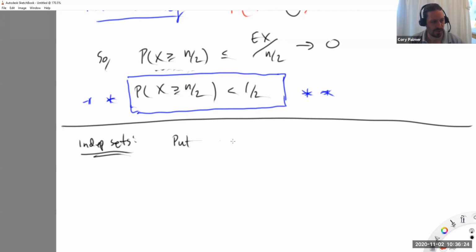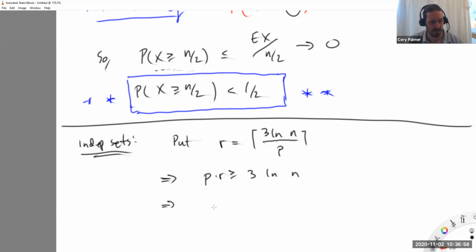First thing I'm going to do is put R equal to the following number: 3 times natural log of n divided by p, ceiling. R is just this number, whatever it is. There's a little bit of magic; you'll see why this quantity works. This implies that p times R is greater than or equal to 3 times log n, just taking away the ceiling so the inequality goes this direction, and then multiplying both sides by p.